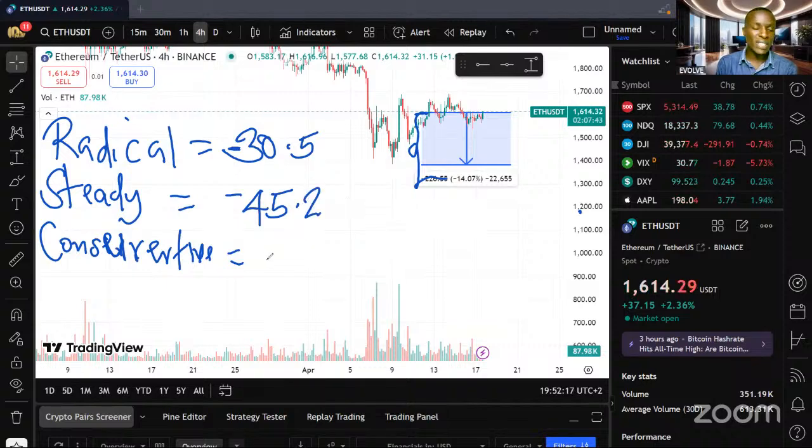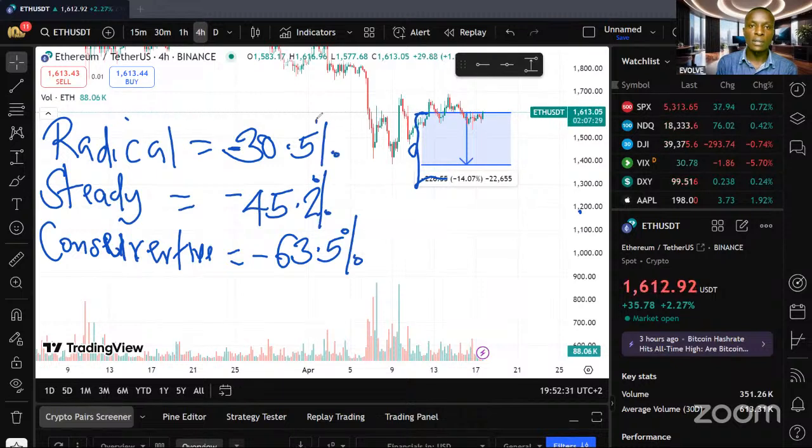And for conservative, it is negative 63.5. So these are the percentages. Are you getting what I'm doing now? It means if someone wants to be radical, they are looking at the market not to go beyond negative 30.